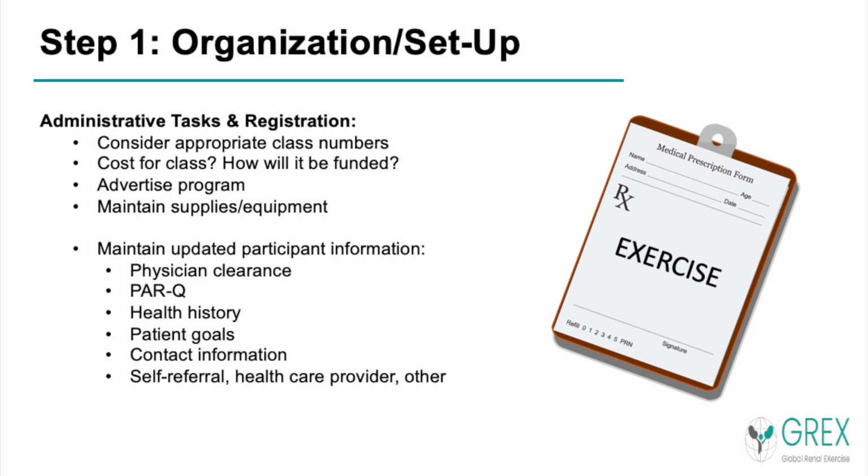In terms of registration, it's important to know whether it's been a self-referral from the participant themselves or from a healthcare provider or other, that there is physician clearance and the renal team know about the participant's desire to exercise, that you have appropriate class numbers, so that you're only registering the numbers which are going to meet the requirements to run the class, that you're collecting together name, phone number, email address, the modality, so whether a participant is on, for instance, dialysis or transplant, what unit they're from, as well as a date of birth for the participant.